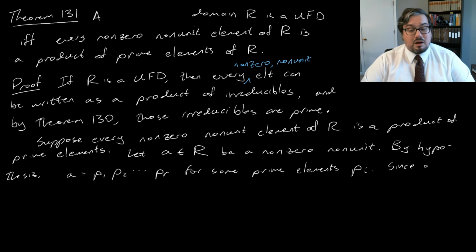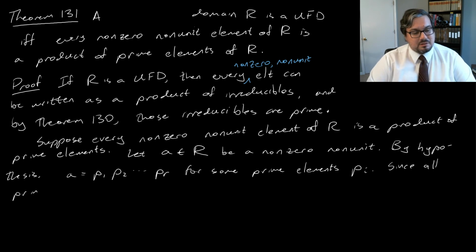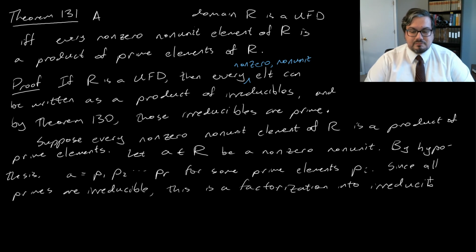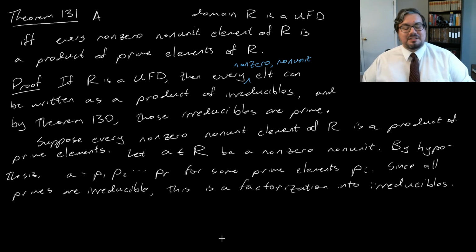But all prime elements are irreducibles. So since all primes are irreducible, this is a factorization into irreducibles. All right, so this shows that every element of R can be written as a product of irreducible elements.